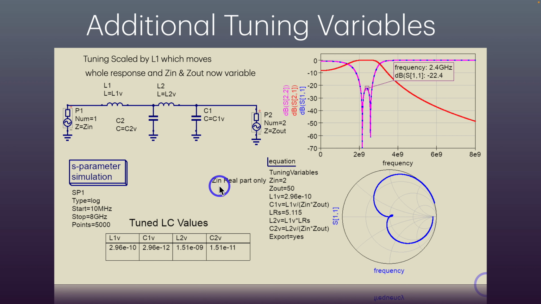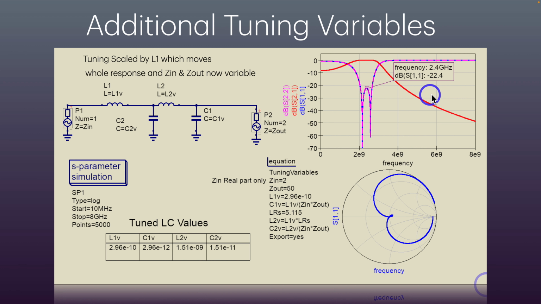Now, if we want to make this generic, we can then add in tuning variables for the input impedance and the output impedance, and then the C's now become a function of the Zin times Zout. And I also have made, in this case, the L2 a ratio to L1. So if I scale L1, I move everything because all the other components are going to track with it.